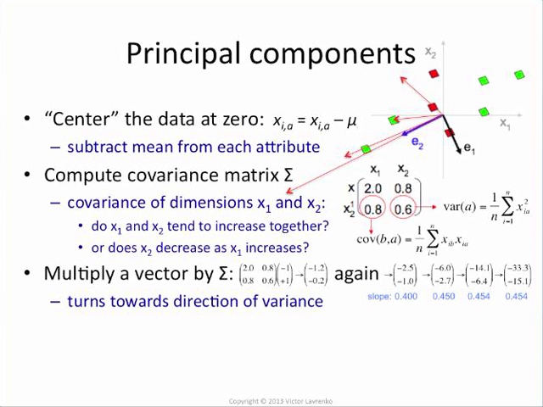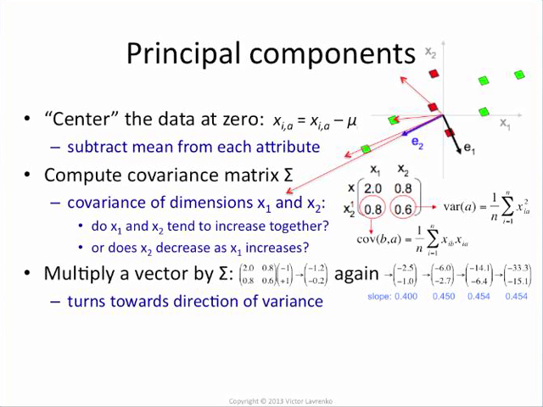So you're getting an interesting behavior. When you take a random vector and multiply it by the covariance matrix, it turns it towards the dimension of the greatest variance in the data, and it will always do that. It won't always go here. For example, if I picked that vector and started multiplying it, it would go there. It would turn in the opposite direction, but always towards the dimension of the greatest variance. That's kind of interesting.